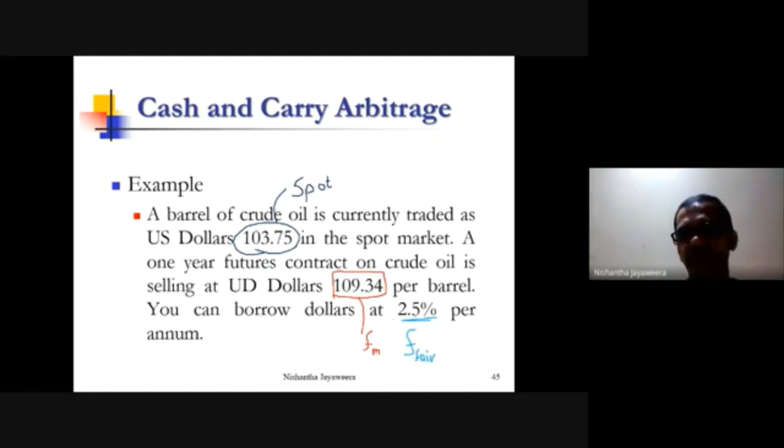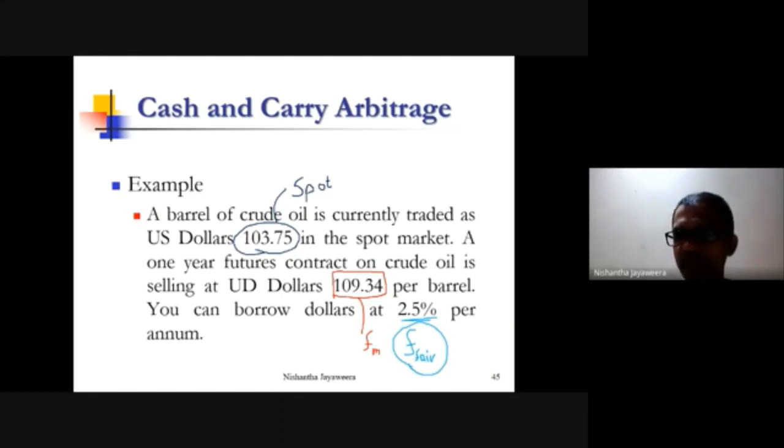So based on the given information, you can calculate what is the fair price, what would be the cost, what would be the benefits, if there are any. Then calculate the futures price as we discussed last week. The first step is to calculate the fair value of the futures price.